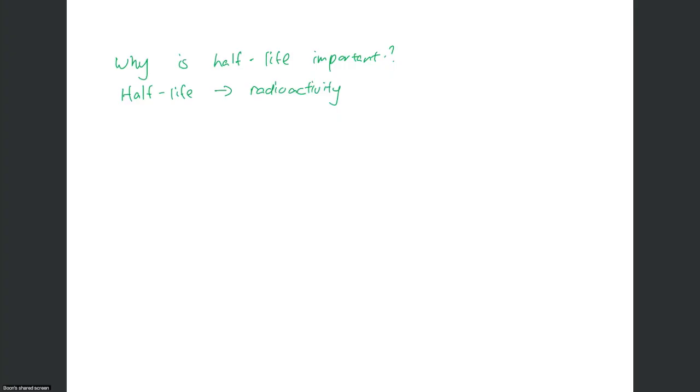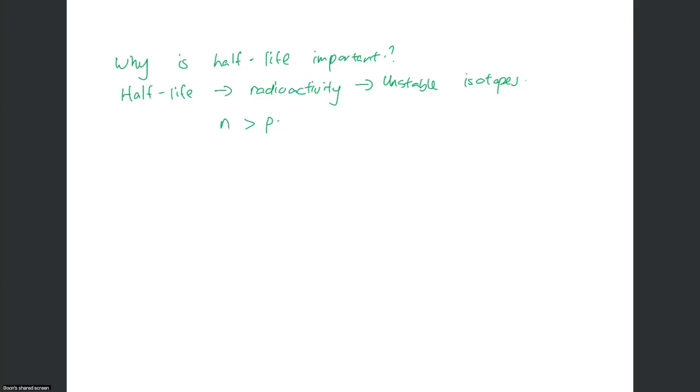That means you are talking about an unstable isotope. That means the number of neutrons and the number of protons are not balanced. Typically, there will be more neutrons compared to protons.